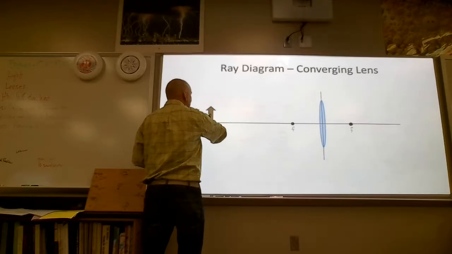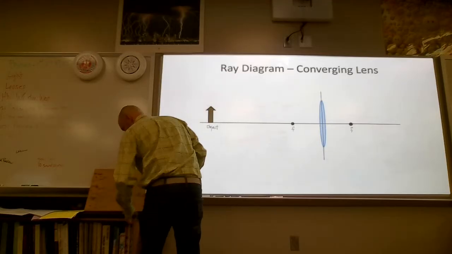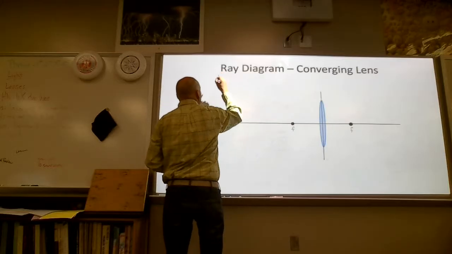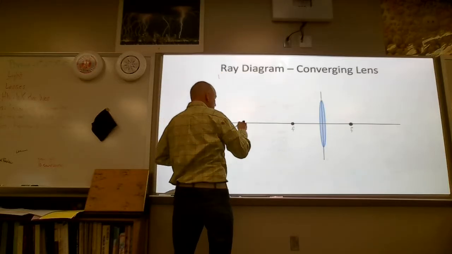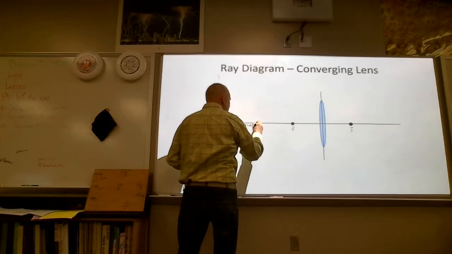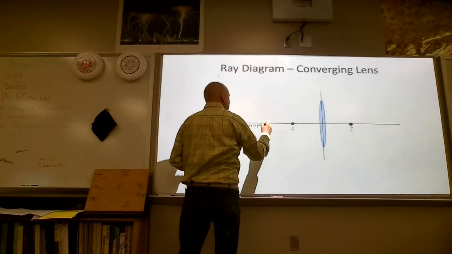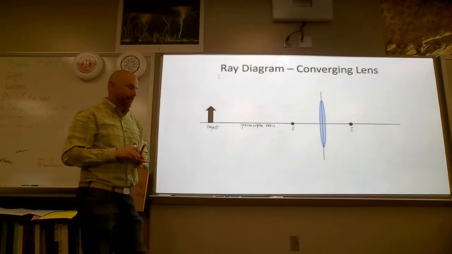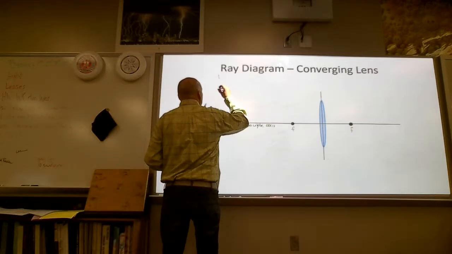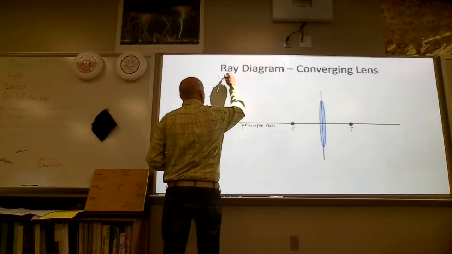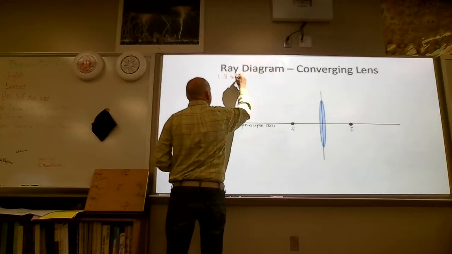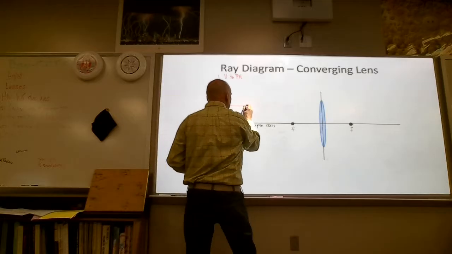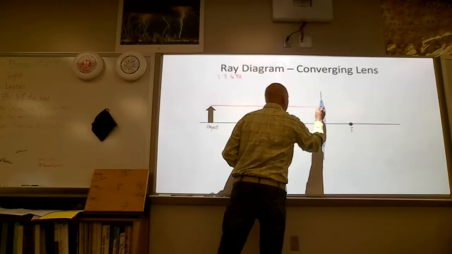The first one, now you need to start drawing this. This is the principal axis, that line there. We're going to draw parallel to the principal axis. It's helpful if you have a straight edge.